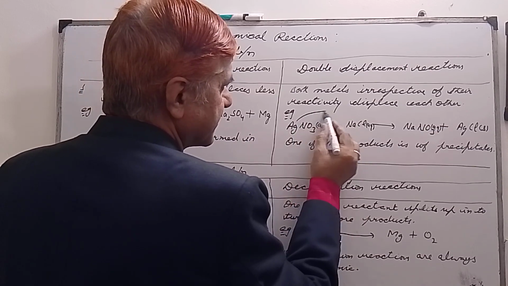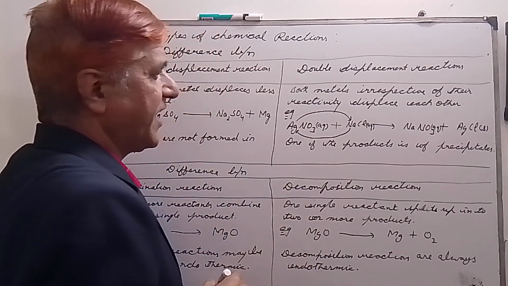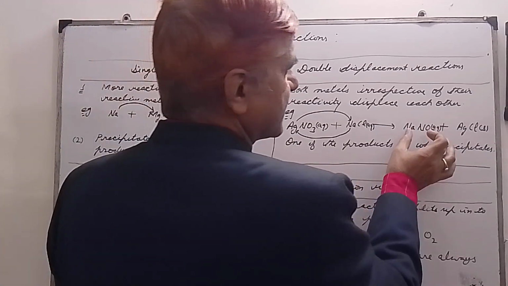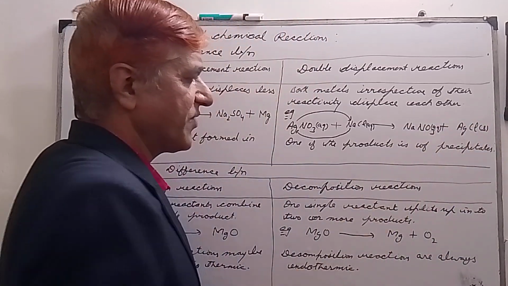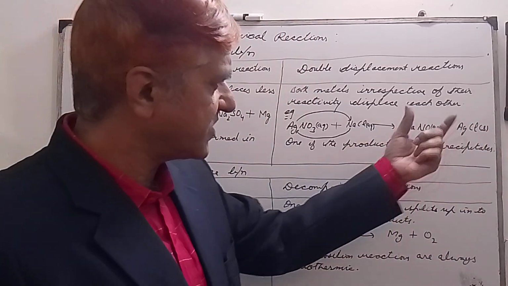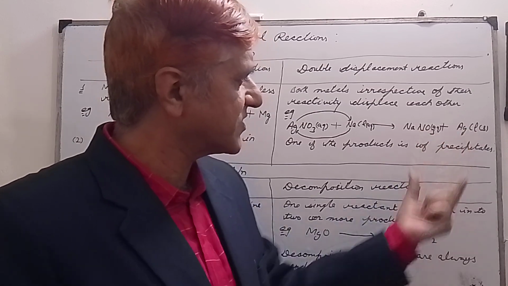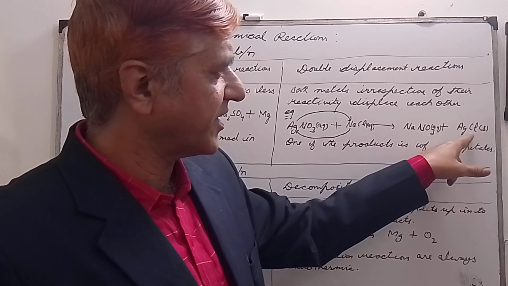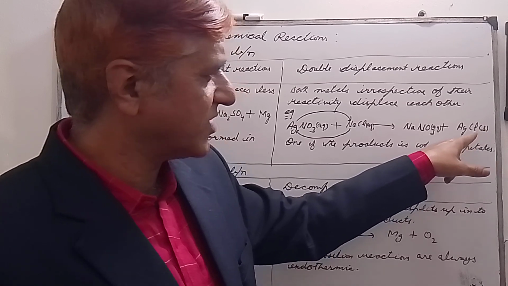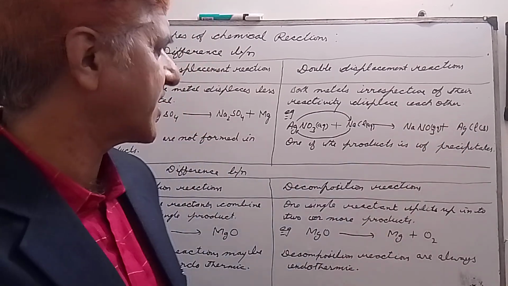So silver displaces sodium and sodium displaces silver, and as a result we will get sodium nitrate and silver chloride. And you know very well which one is in the form of a precipitate. Here, because silver chloride has (s) with it, this is the precipitate in our chemical reaction.